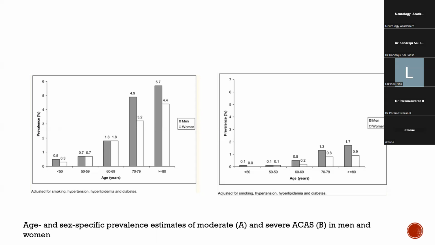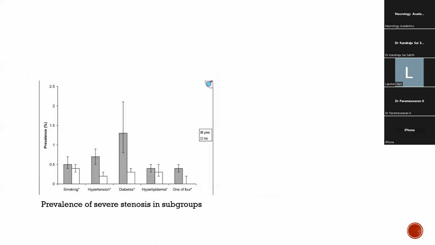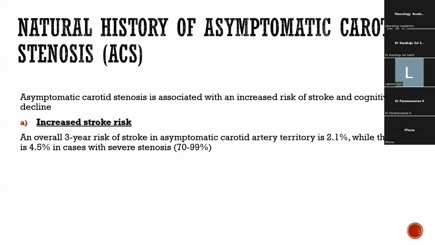So we can see that as the age increases, as well as with the male sex, the prevalence is increasing. And in the subgroup analysis, among patients who are smokers with hypertension, diabetes, hyperlipidemia, and one of the four, the prevalence of severe stenosis is increased.